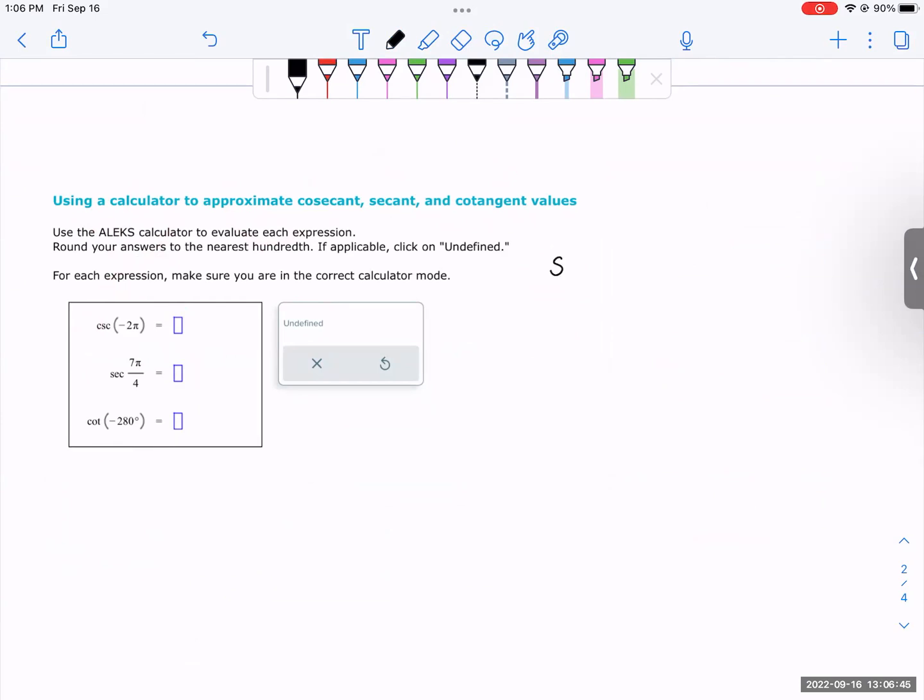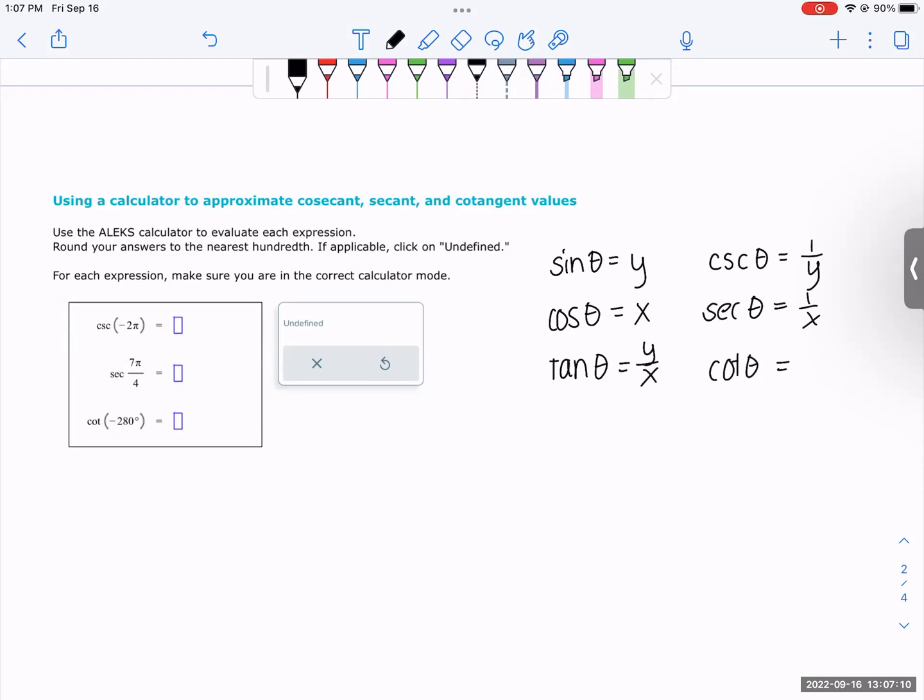We knew that sine of theta was the y value and that the soulmate of sine, cosecant, was 1 over the y value. We knew cosine was x and secant was 1 over x, and tangent we said was y divided by x, and cotangent is x divided by y.